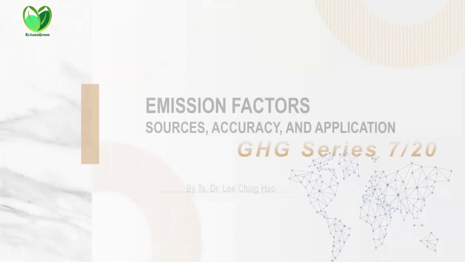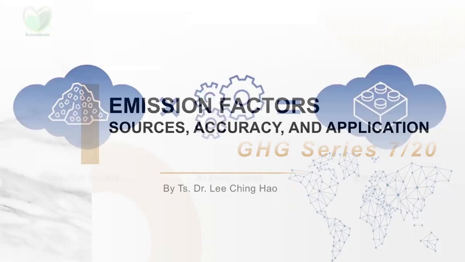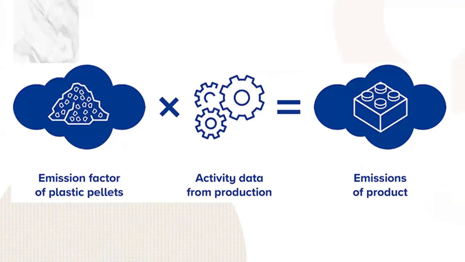Hello everyone. Following up on our previous sessions on GHG inventories, today we will focus on something that may seem like a small detail, but is crucial to your carbon calculations: emissions factors. In short, emissions factors are multipliers.